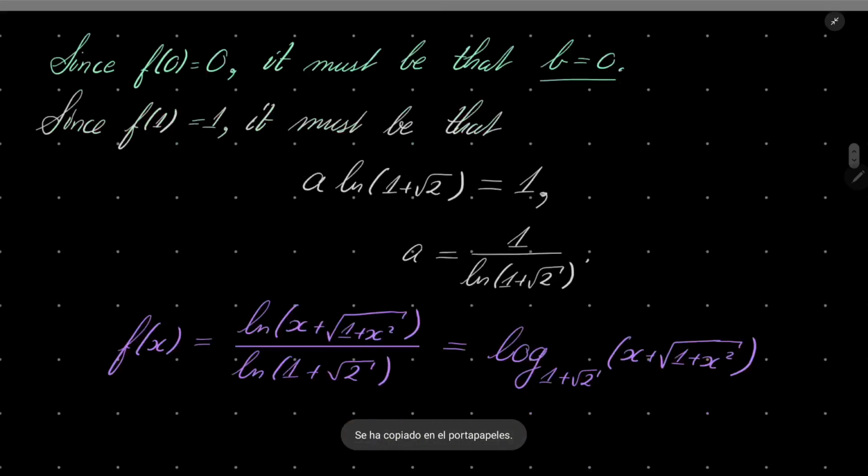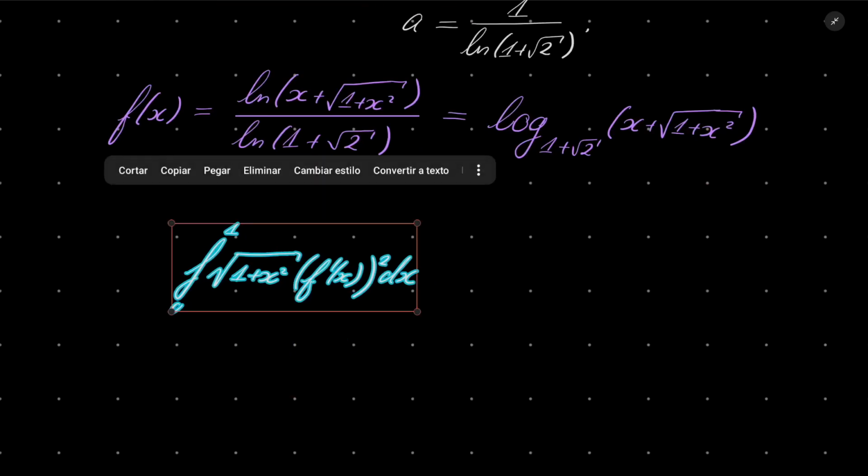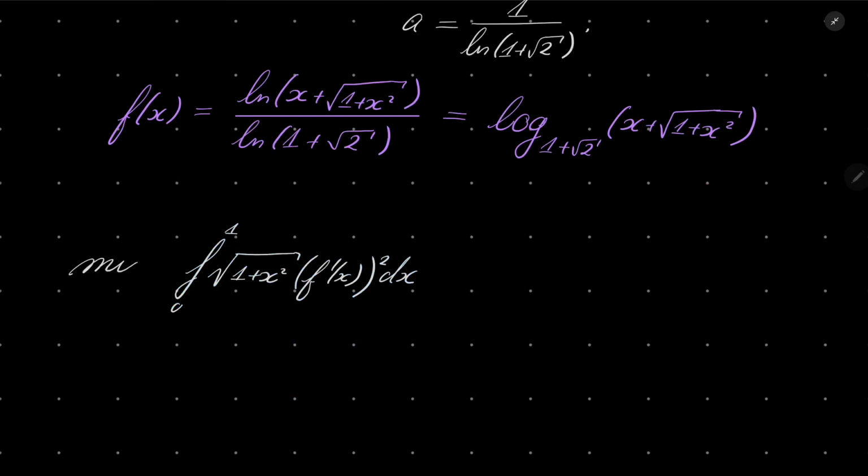So now we know that the minimum over all functions in our class C equals 1 over natural log of 1 plus square root of 2.